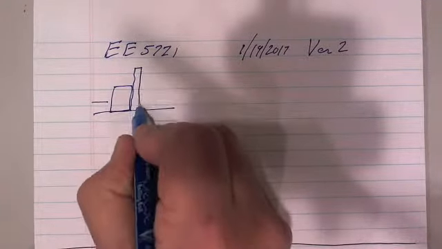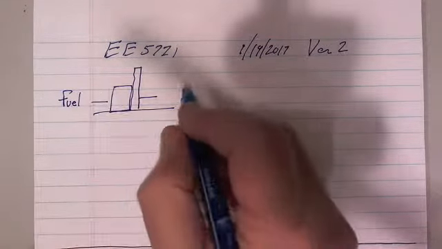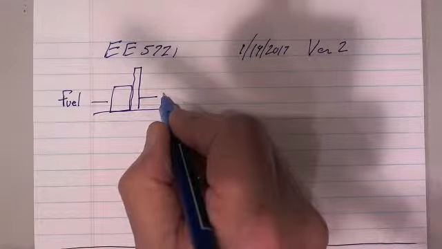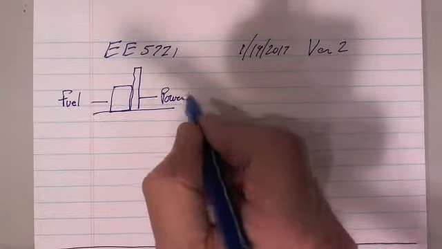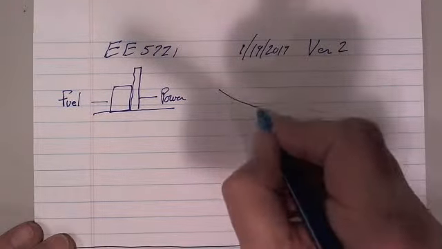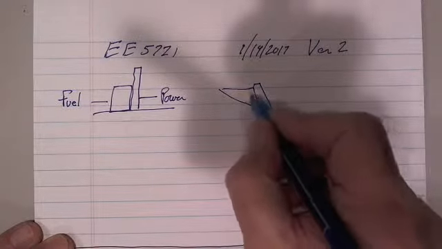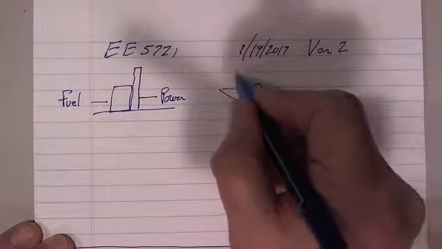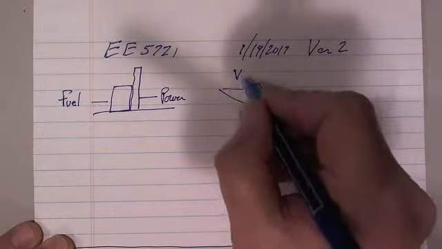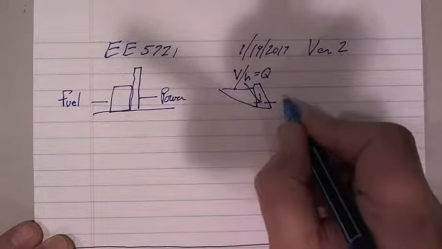So if we have a power plant, we put fuel into it, whether it's natural gas, coal, oil, or water. If it's water, then you draw a thing like this, and there's our impoundment, and we have a certain volume per hour, which is called Q, and we have a function out here.